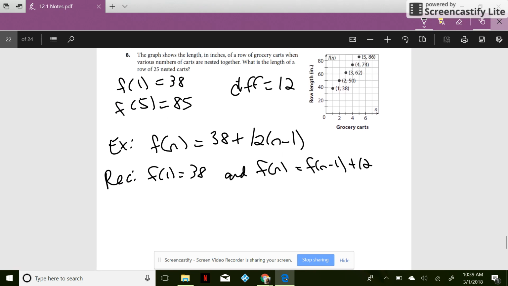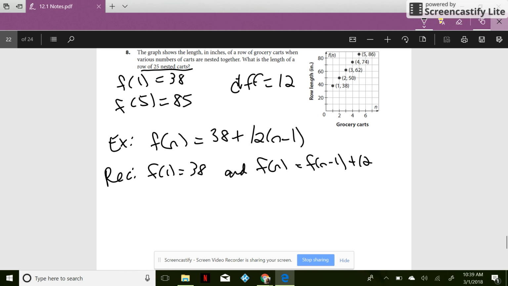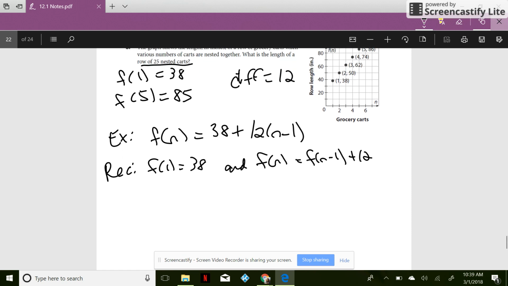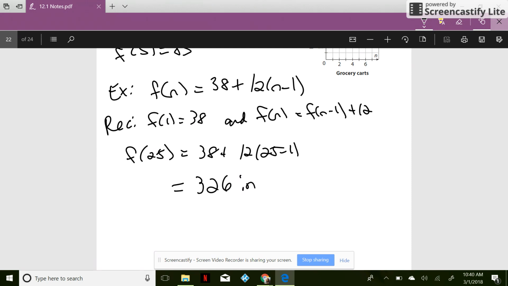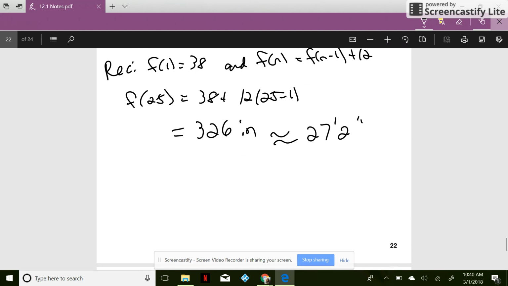So we want to see what's the length of the row of 25 nested carts. So that means we input the number of carts. So we're plugging in 25 for n. So plugging all this in, you should end up with 326 inches, which is 27 feet and 2 inches for the length of 25 carts.